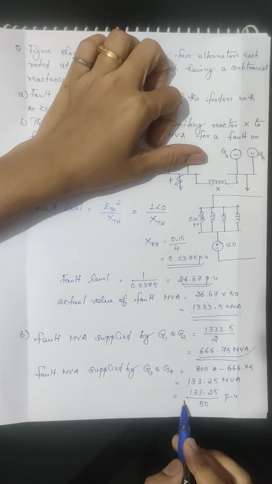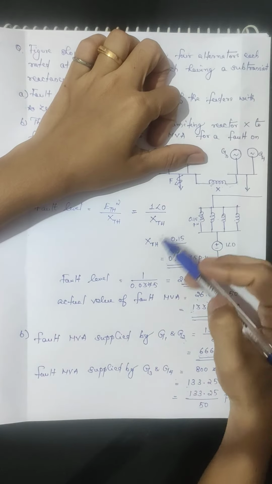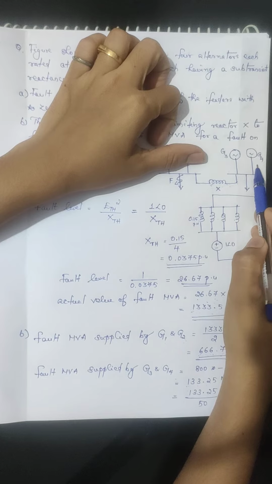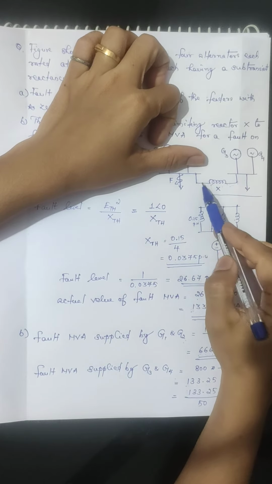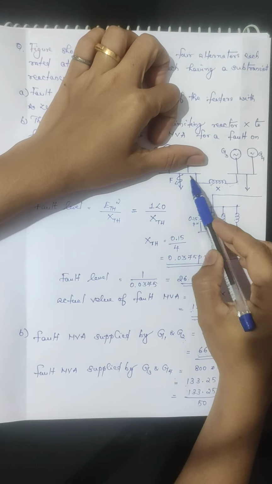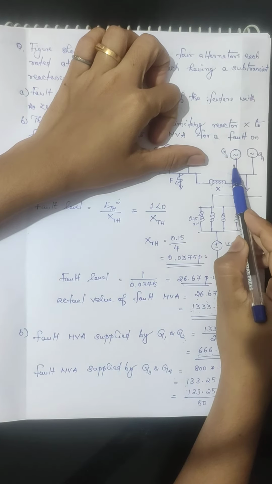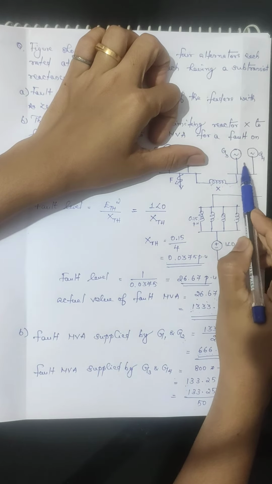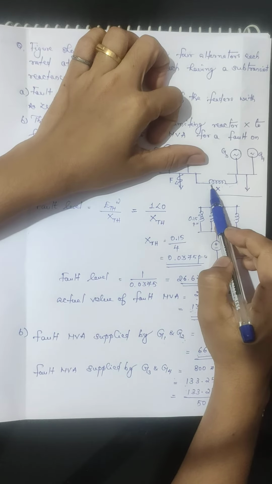If we are considering this only, then the fault MVA supplied by G3 and G4 is ETH square divided by XTH, and that XTH is the Thevenin equivalent reactance as seen from the fault point, that is two reactances, the reactance of G3 and G4 in parallel, which is in series with the reactance of the current limiting reactor.